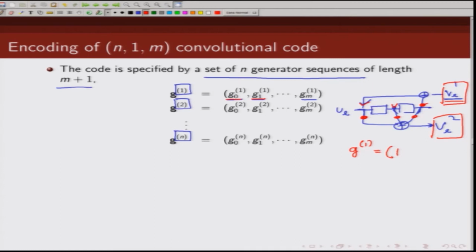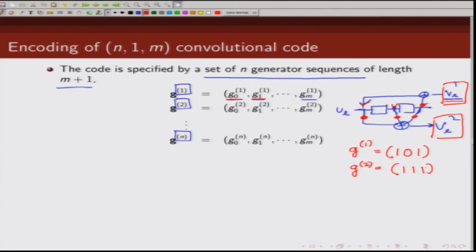Is u_(l-1) participating in the output sequence v_l1? No, so this will be 0. What about u_(l-2)? It is participating in the output sequence, so it will be 1. So G1 is 1 0 1. Similarly, G2 will be 1 1 1, because u_l, u_(l-1) and u_(l-2) are all participating in the output coded sequence.